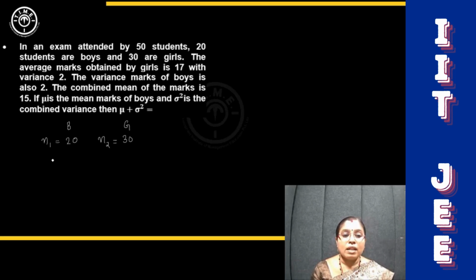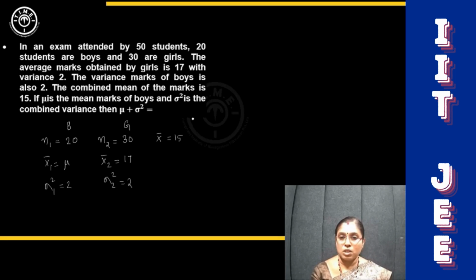Also we are given that the mean marks of boys is mu and mean marks of girls is 17. Similarly, variance for boys is 2 and variance for girls is also 2. And also the combined mean is 15. We have to find out mu plus sigma square.